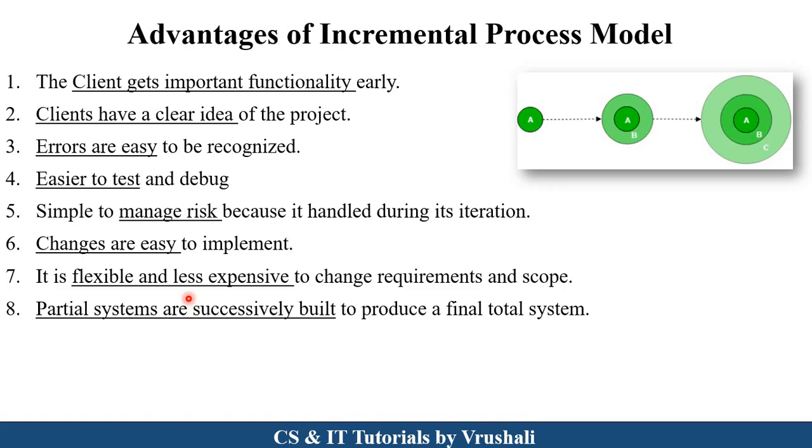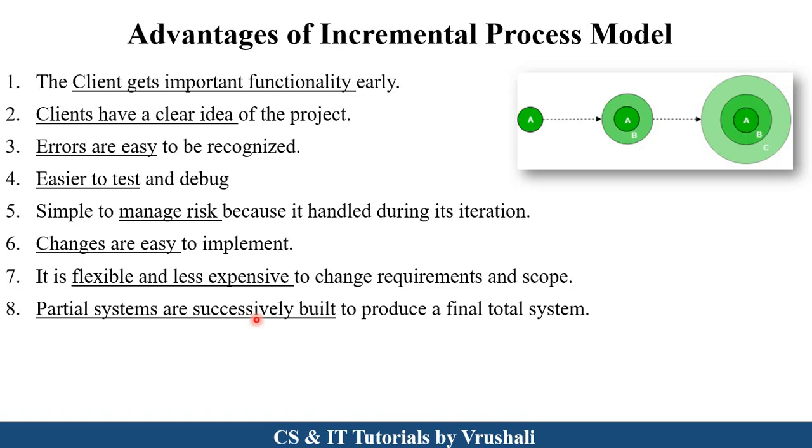Next, in the incremental process model, a project is flexible and less expensive, because they pay the cost module by module, not the complete cost at the same time. Generally, the concept of the incremental process model is that partial systems are successively built and the remaining partial systems are developed as per customer features and customer priorities.